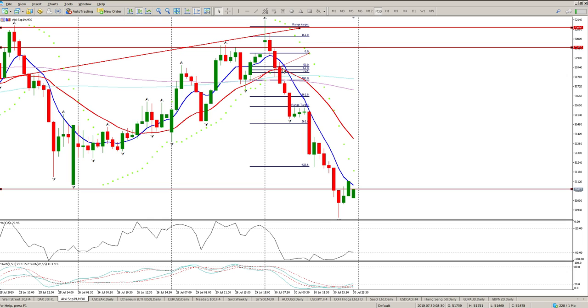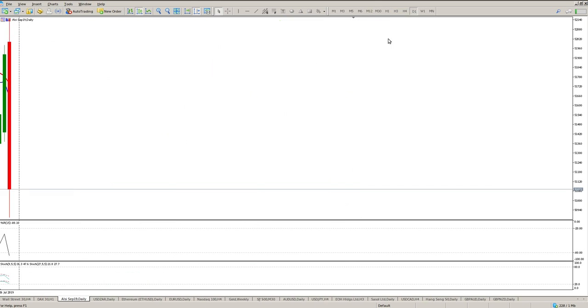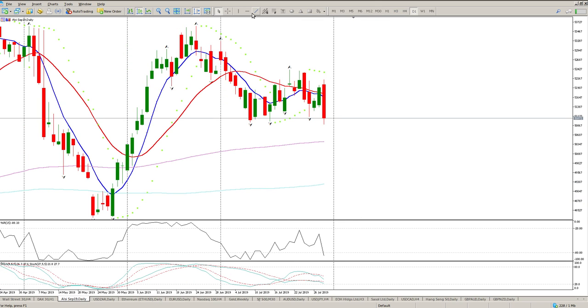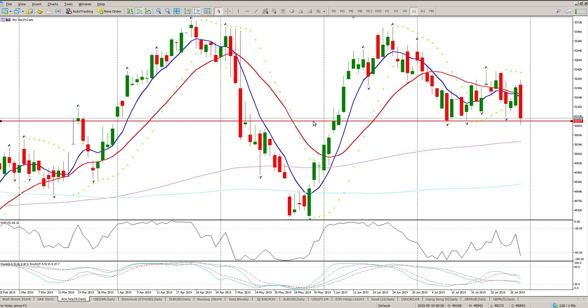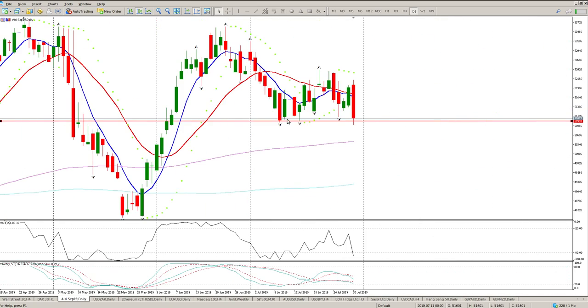Okay, and I'll delete indicators. Let's just delete all the noise. What we have at the moment, and this to me is pretty crucial, is this level here. This is fairly strong. You can see for some reason we've got buyers coming in at, let's just call it 5100 area.